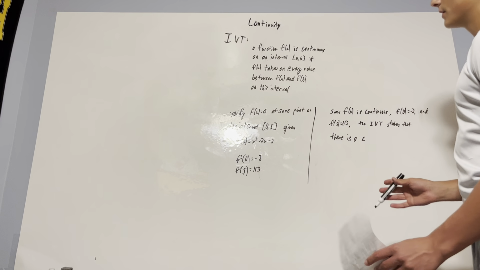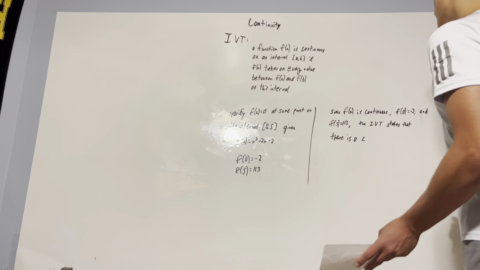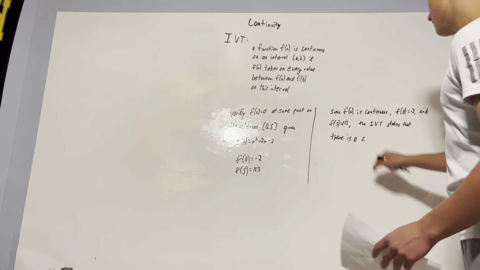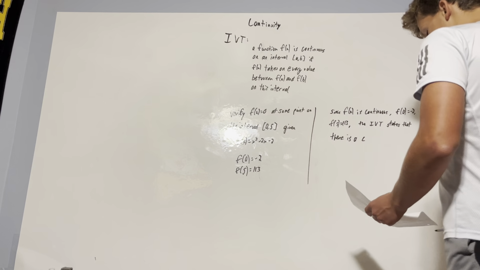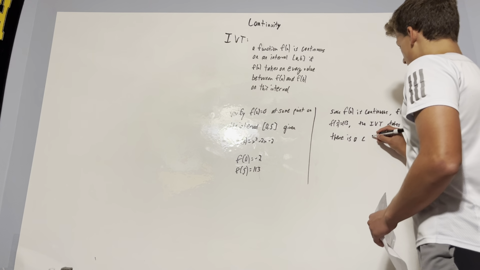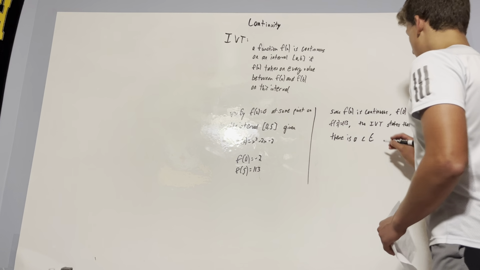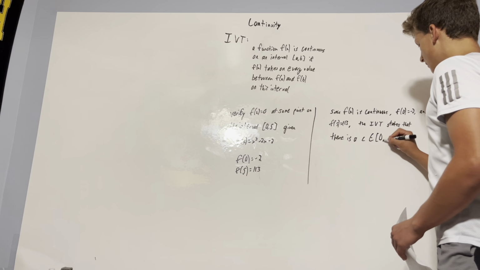Here we're just going to keep it to a finite number. So there is a c that is an element of 0 to 5.